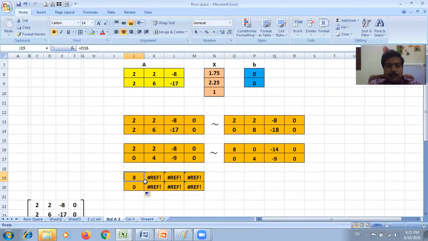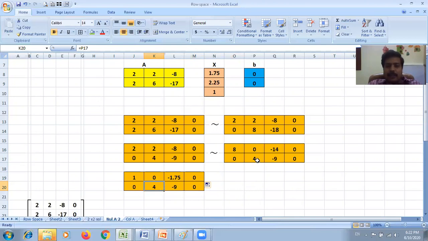So here I need to make it 1. For that I am dividing it by this number 8. These are the formulas used for modeling the problem. Instead of solving this problem, I am putting formulas to solve any problem for any numbers.